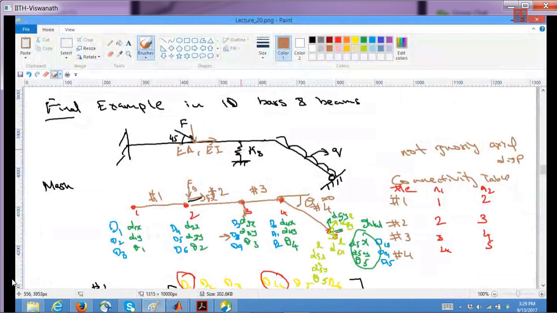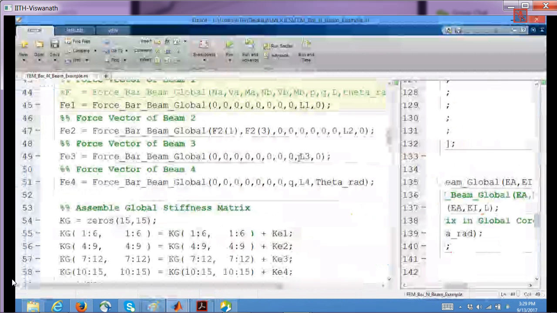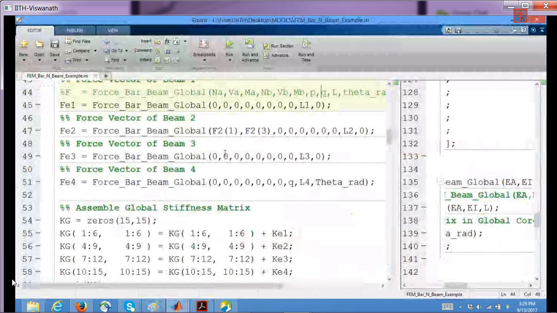This spring will add to the stiffness, not to the forces, so I will change my stiffness at a later point. So the third element is not loaded, and it is all 0.